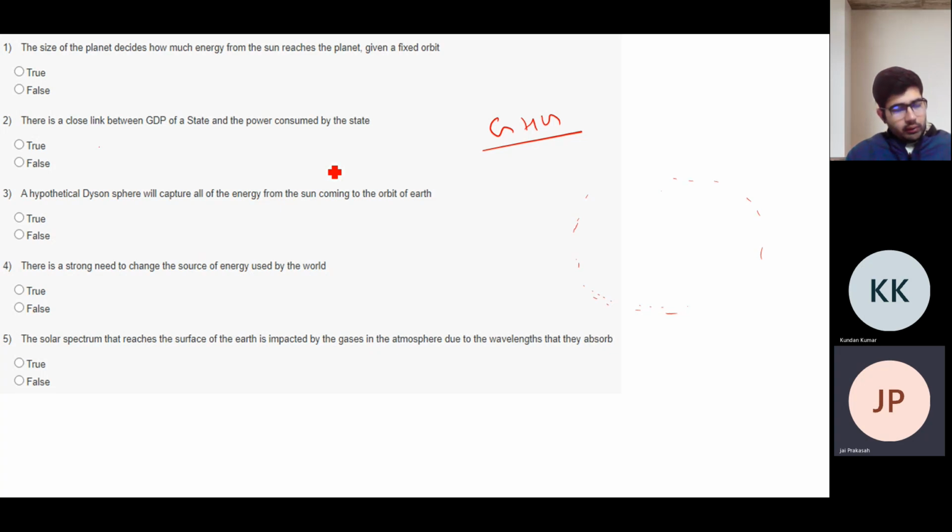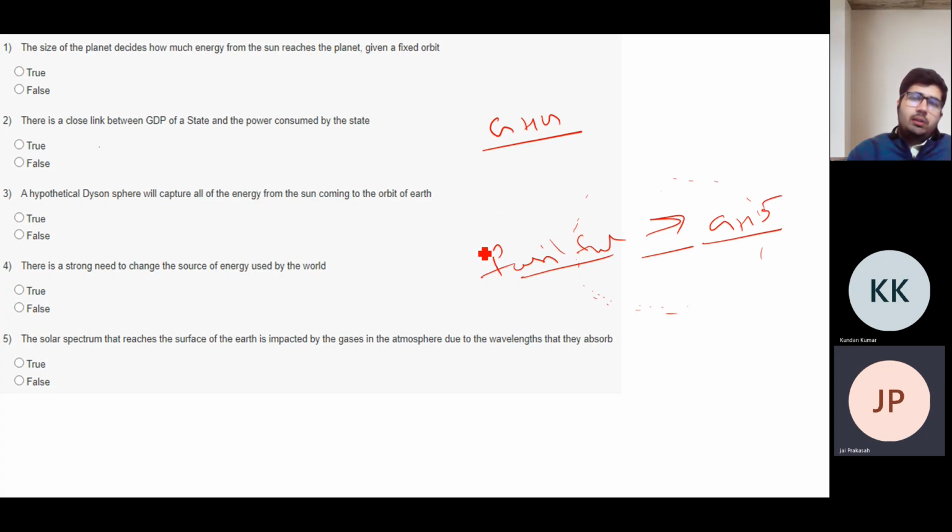So yeah, there is strong need to change the source of energy used by the world, because if we continue to follow fossil fuels, then we are increasing the GHG emissions, and GHG emissions are connected with global warming and climate change.